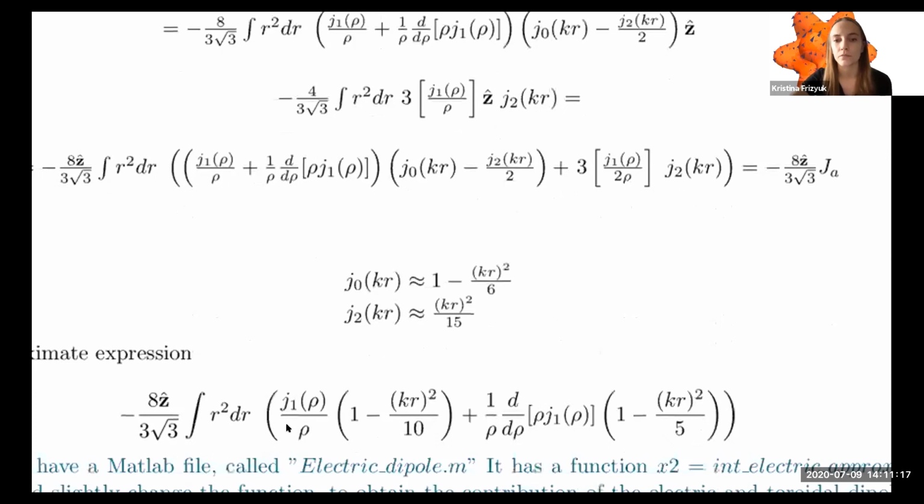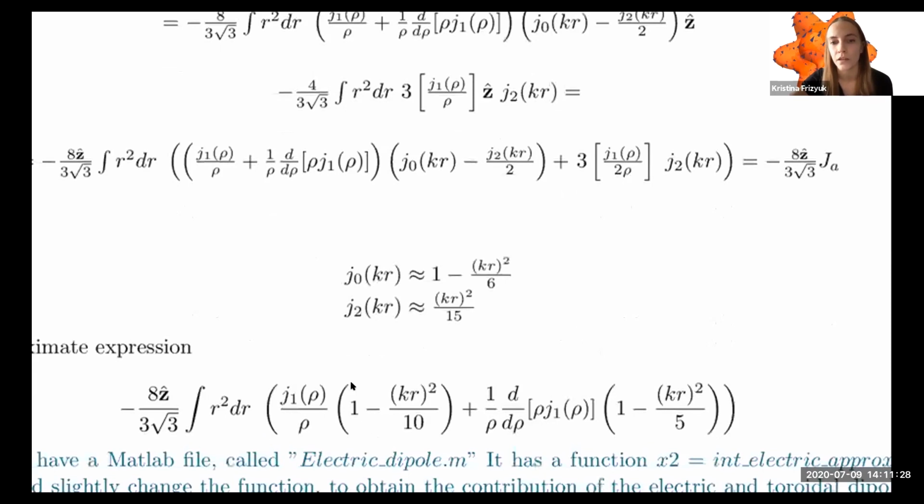And if you take your approximate formula, here you see we have, instead of the Bessel function, these expressions. So this came from the approximate forms of Bessel functions.